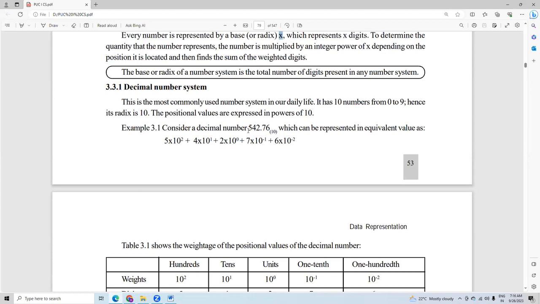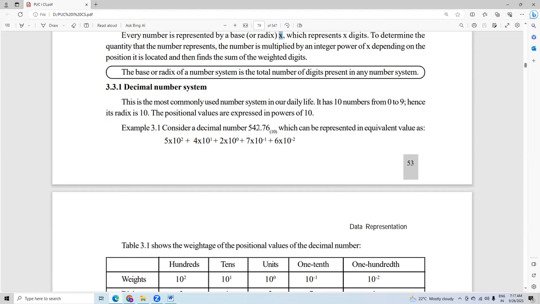For example, here you see there is a value 542.76 base 10. That means it's a decimal number, which can be represented in equivalent form as follows. See, all the digits, first what do you do? From the right side up to the left side, you write like this: 5 into 10 plus 4 into 10 plus 2 into 10 plus 7 into 10 plus 6 into 10. Before the decimal point, for the base 10, you give the powers from 0 towards the left in increasing order.